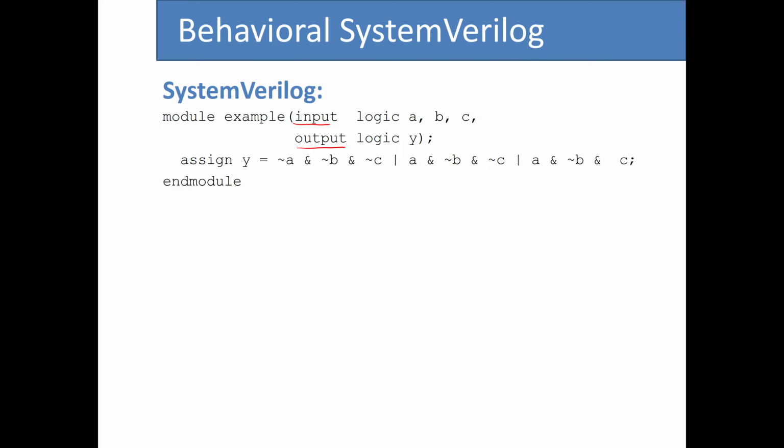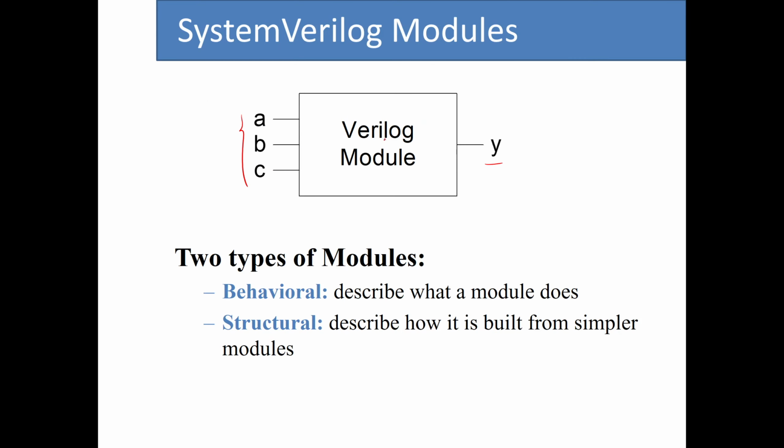We can probably guess that when it says input, whatever comes after it is probably the input, and that's in line with what we saw in the previous graph with the black box. So we know A, B, C are inputs, and Y is output, at least based on the conventions that we had before, that inputs are usually to the left or top of the circuit, and outputs are usually to the right or bottom of the circuit.